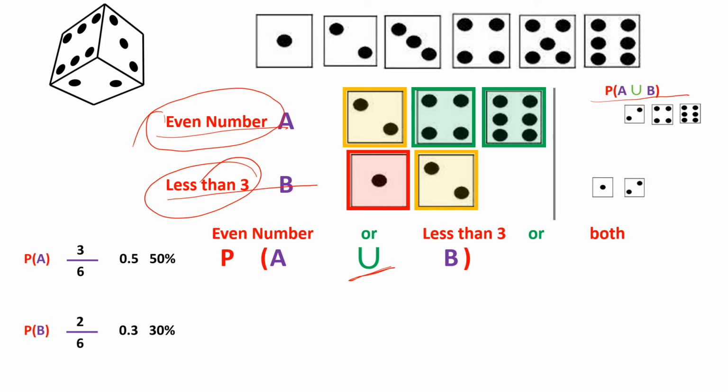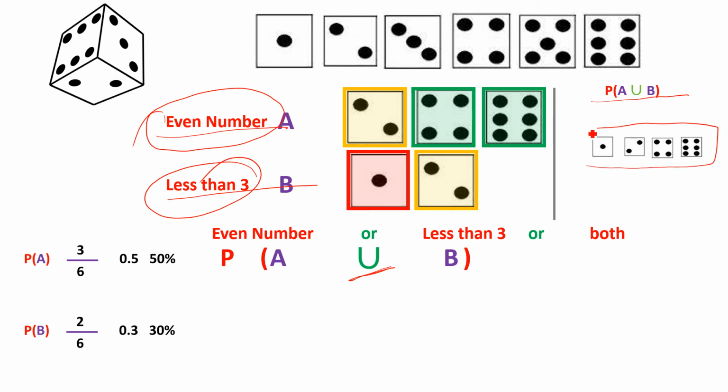We're going to combine both of these two sets in a way that duplicate values are removed, and the unique numbers which we get are the favorable outcomes for probability of A union B. So the favorable outcomes are 4.